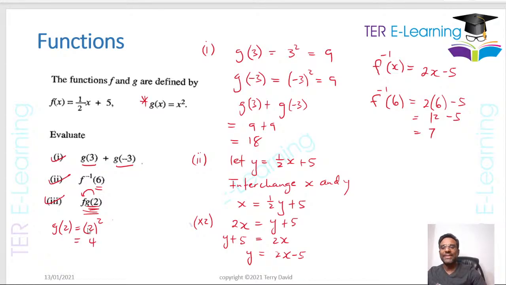Then I'm going to take that 4 and substitute it into the function f. So f of 4 is equal to a half multiplied by 4 plus 5, which is half of 4 is 2, plus 5, and I get 7. So that's my answer there. That's how we treat composite functions, guys.